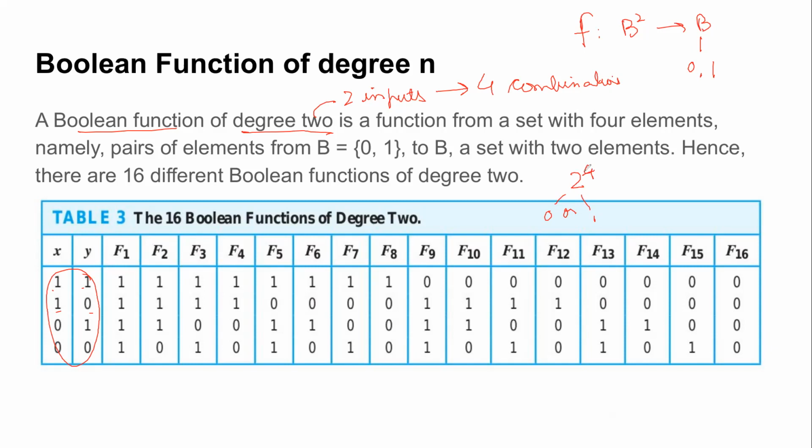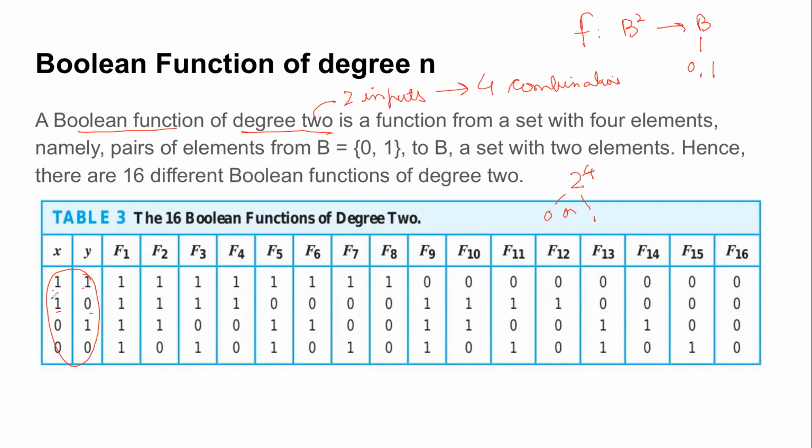First step: if there is a function of degree 2, meaning it takes 2 inputs, what are the possible input combinations? We have these 4. Now out of these 4, each one of them can sometimes be true, sometimes be false, so each one can take 2 possible values, either a 0 or a 1.